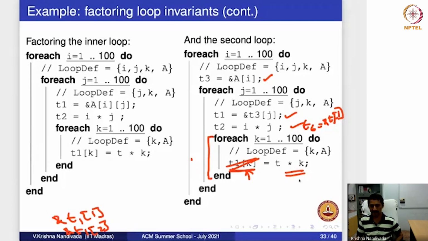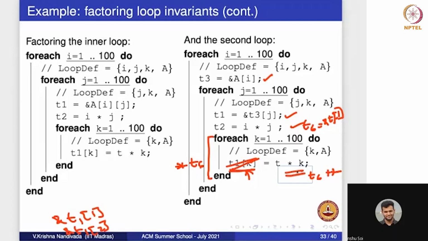And then in the loop what I will do? T6 plus plus. So in the loop, how many array index operations am I doing? 0.